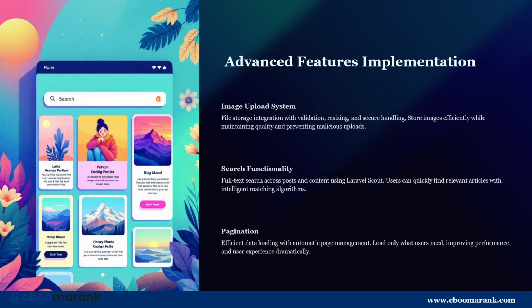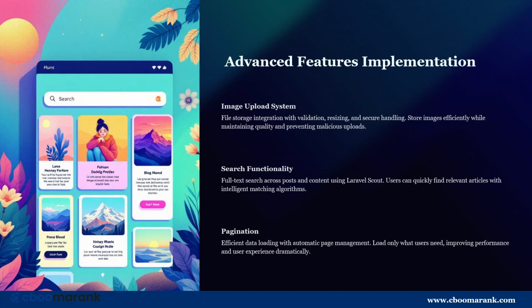So we solve this using search to find data and pagination to limit data per page. In our discussion, we are going to limit the number of posts to 6 per page. So in one page, we will have 6 posts only.